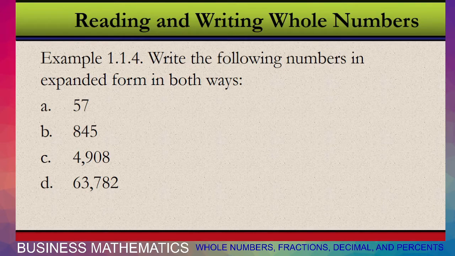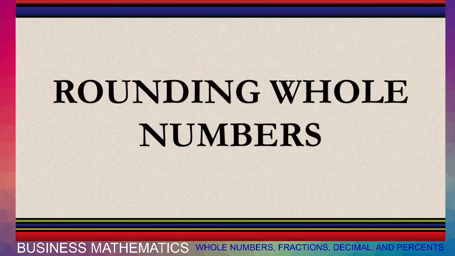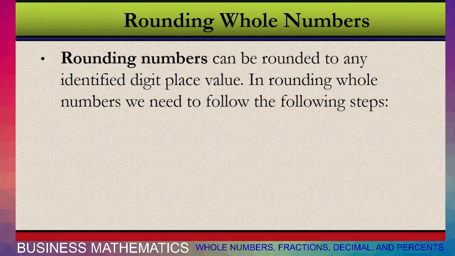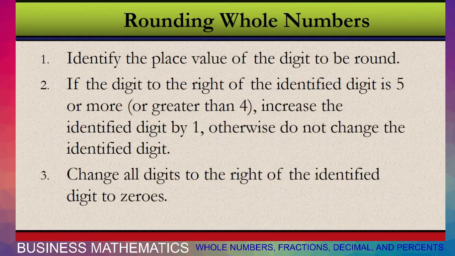Okay. So, sa round off naman tayo. So, rounding whole numbers. In rounding numbers, it can be rounded to any identified digit place value. So, sa pag-round off, kailangan muna malaman natin kung ano yung place value na kailangan nating i-round off. In rounding whole numbers, we need to follow the following steps. Step 1.